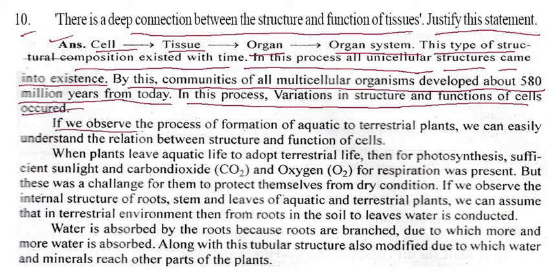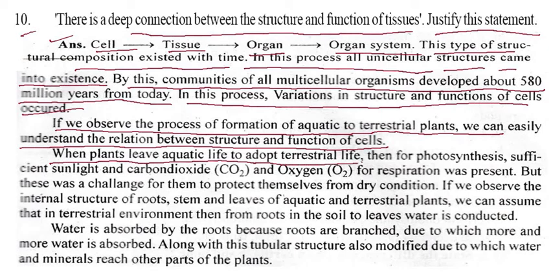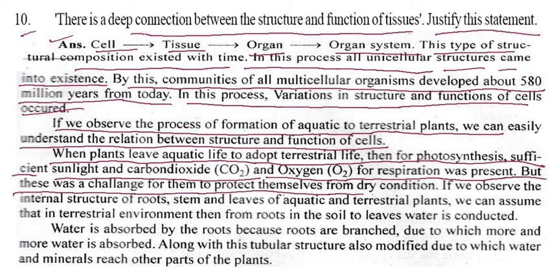If we observe the formation of terrestrial from aquatic plants, we can easily understand the relation between the structure and the function of the cells. When plants living an aquatic life adopted terrestrial life, for photosynthesis sufficient sunlight and carbon dioxide, and oxygen for respiration, were present, but they had to change to protect themselves in dry conditions.